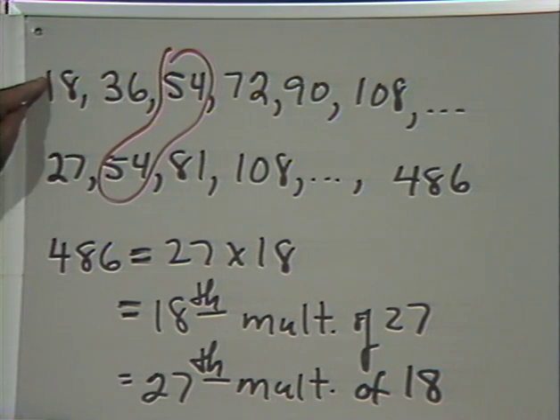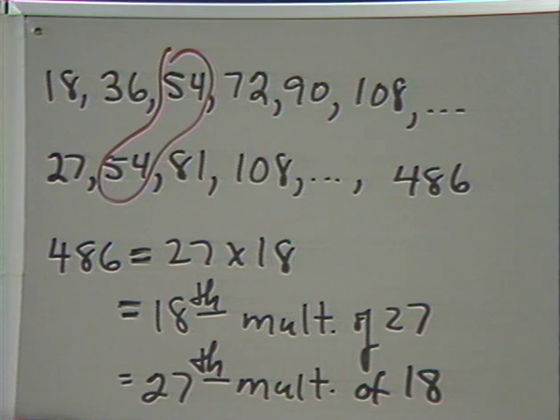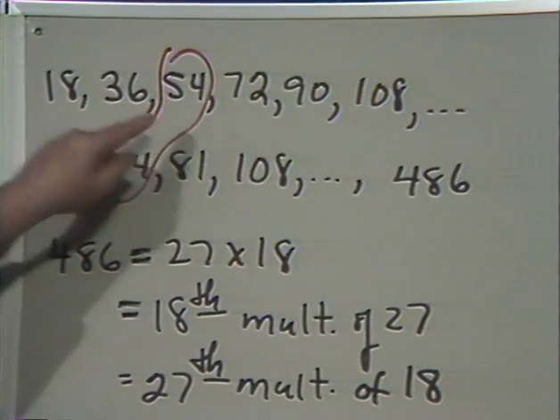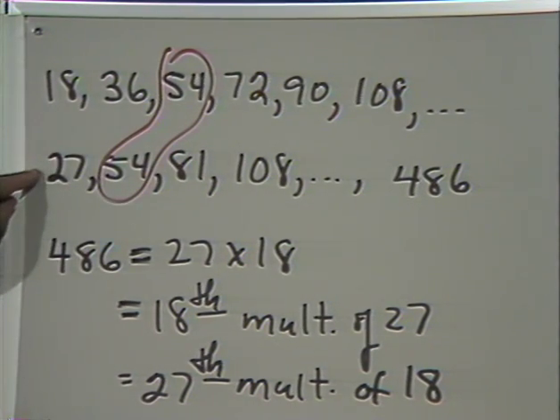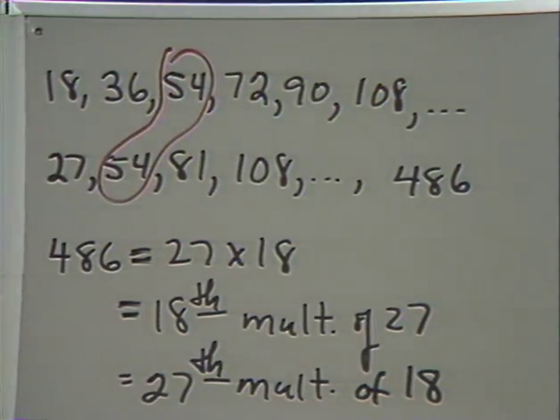54 is the second multiple of 18. I'm sorry, the third multiple of 18 and the second multiple of 27. In fact, notice that every multiple of 54 will also be a common multiple of 18 and 27. See, what's twice 54? Twice 54 is 108.